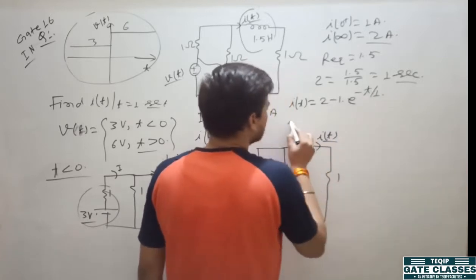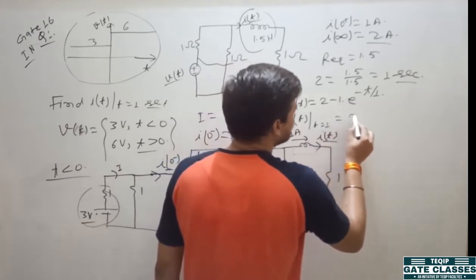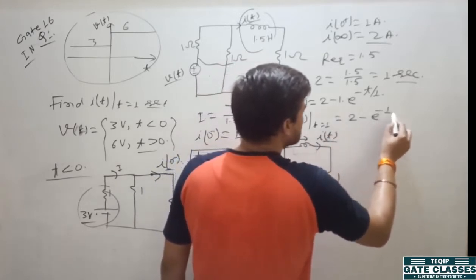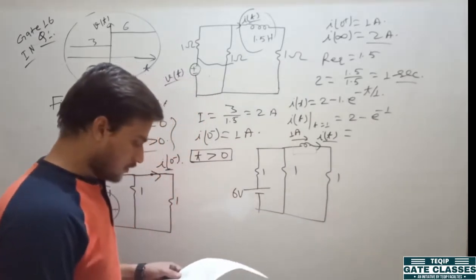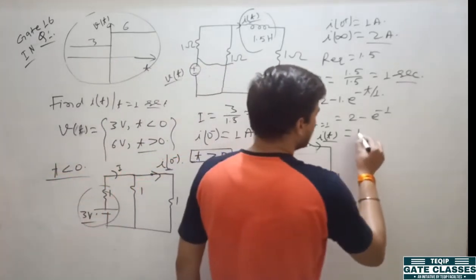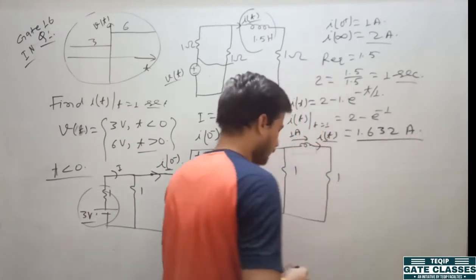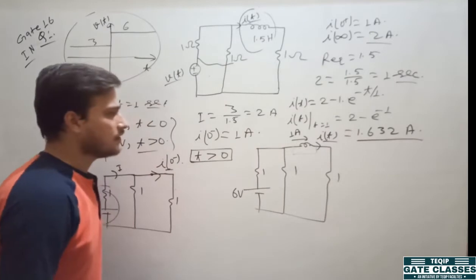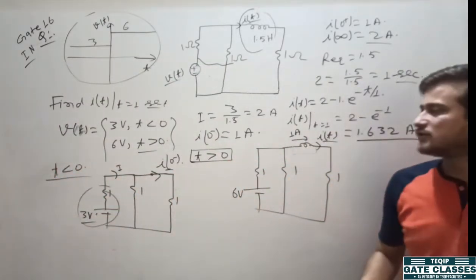So you have to find IT at t equal to 1 second. So it will be 2 minus e to the power minus 1. So from here its value is coming 1.632 ampere. Clear?